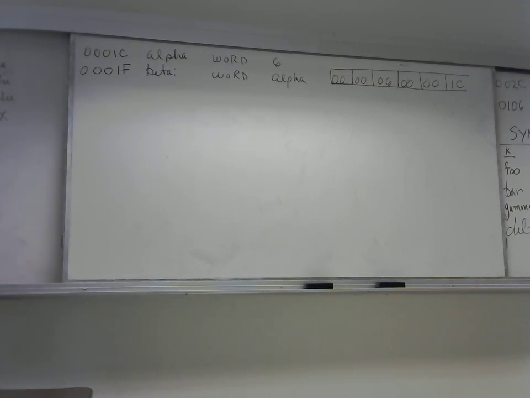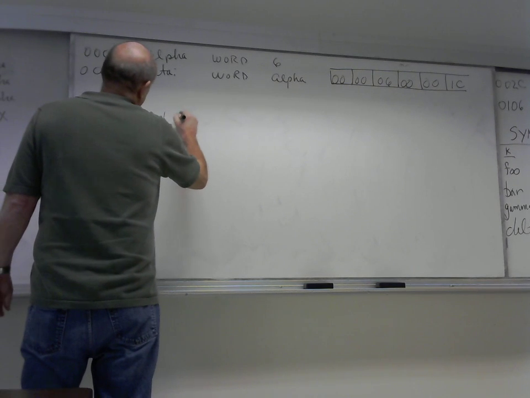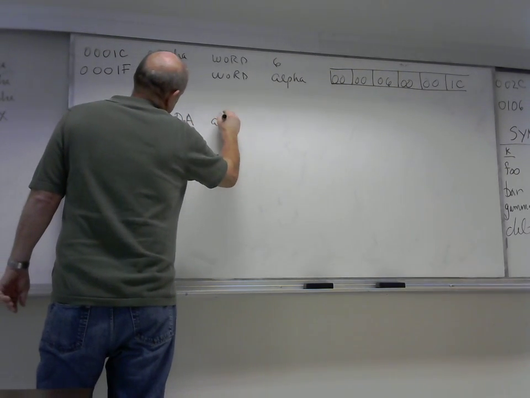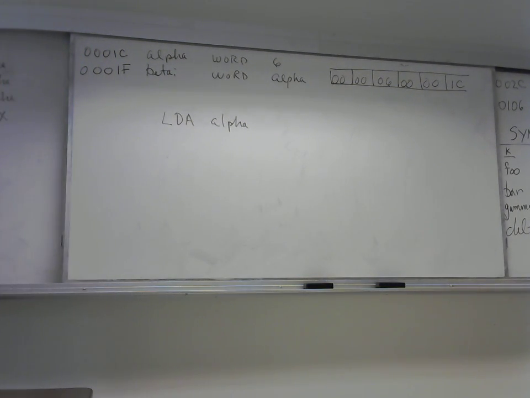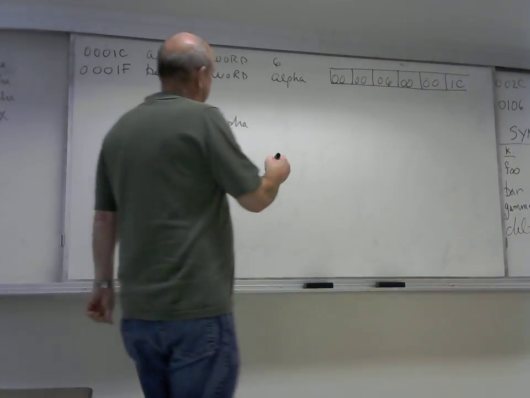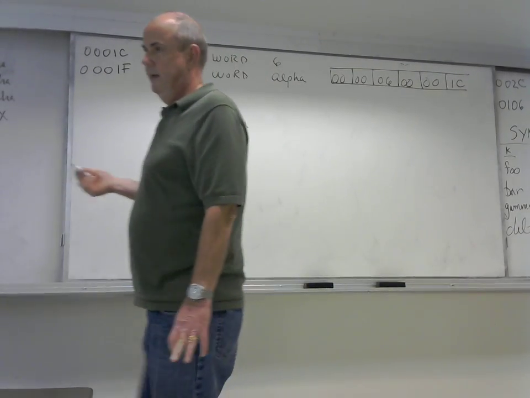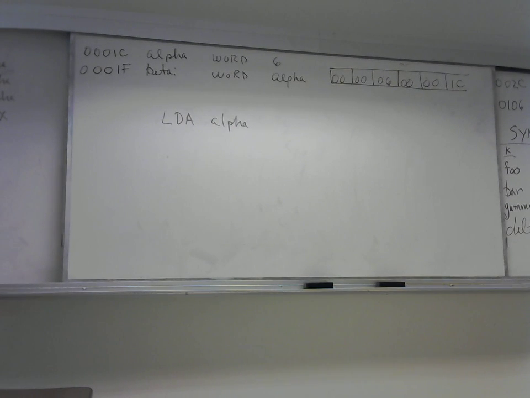Now if I say LDA alpha, this is the easiest case. What's in register A? Register A has what in it? 6. This is an addressing mode.